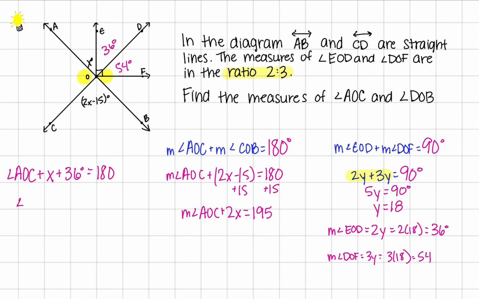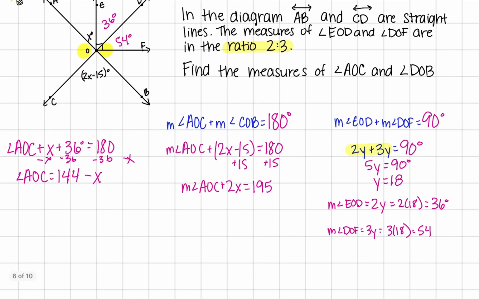So I know that the measure of AOC equals, minus X from both sides, 180 minus 36, which would be 144, minus X. I can take this and I can plug it in over here. 144 minus X plus 2X equals 195.